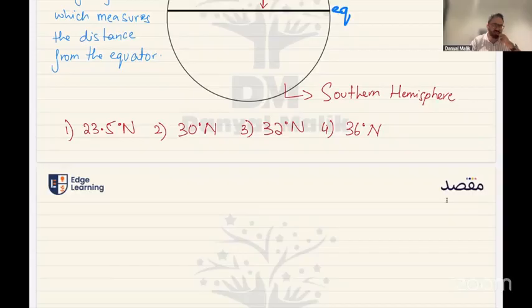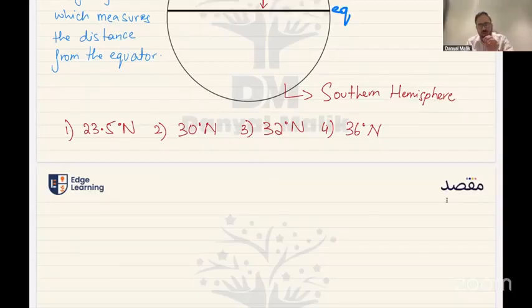So if you have a labeling of latitude, you know that you have 4 options, and from those you have to select one.